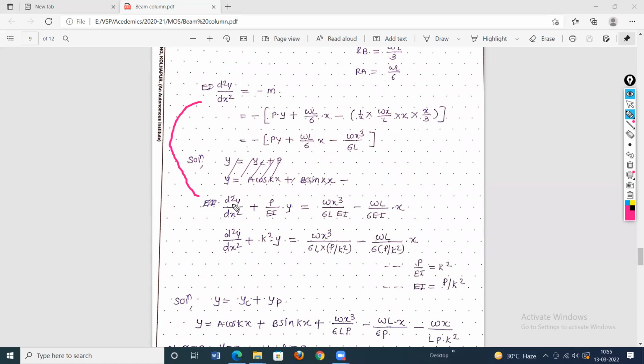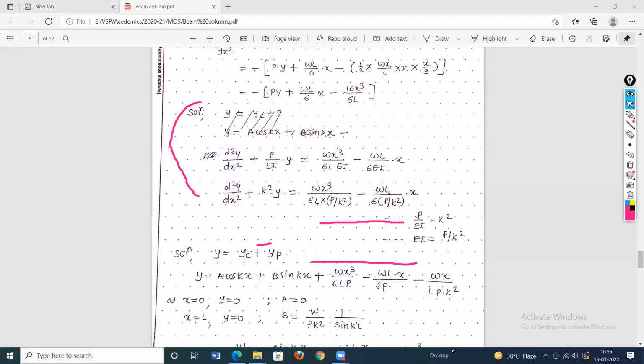On the left hand it will be d2y by dx square plus P divided by EI into y, and the complete load terms are taken on the right side. Then replace P divided by EI by K square, with the remaining portion being the load portion. Now this is the required governing differential equation.